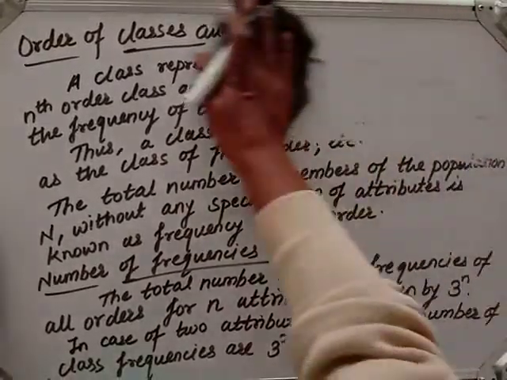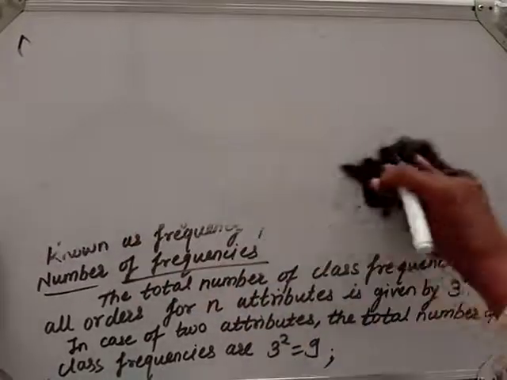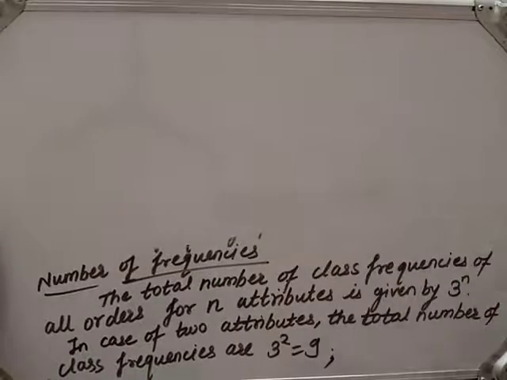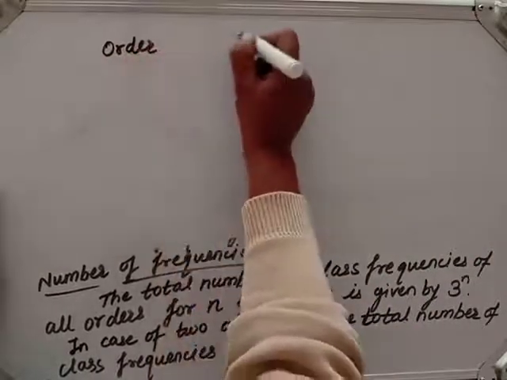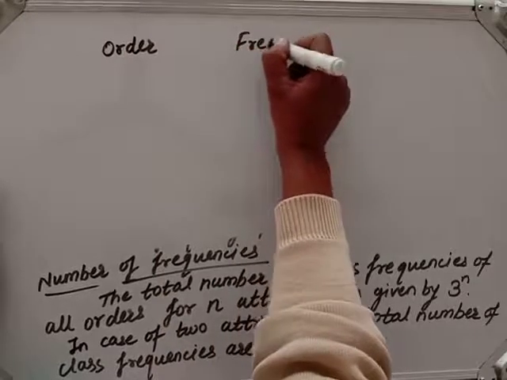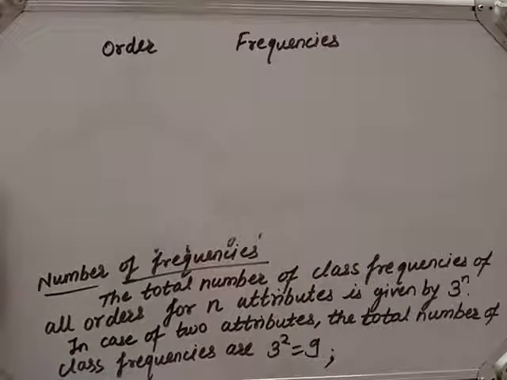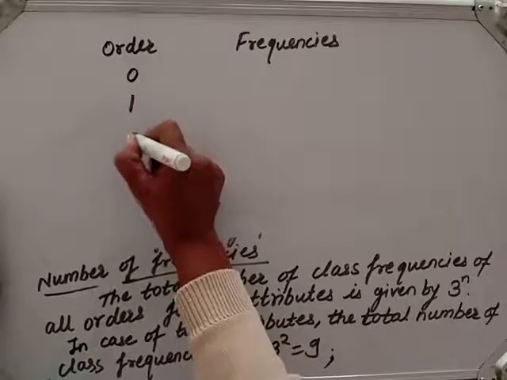Now here the order and the frequencies, let's write the table. Two attributes are there, so the total number of class frequencies is 3 square, that is 9. First of 0 order, 1 order or 2 order.